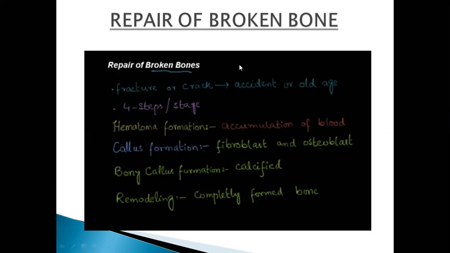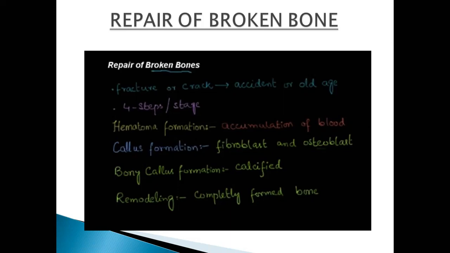The next is a compound fracture or open fracture. In it the bone ends penetrate the skin and form wounds. Okay, in this, a wound is present in the skin. If a bone is broken, its two ends are there, and if one end is penetrated into the skin, it is known as an open fracture.